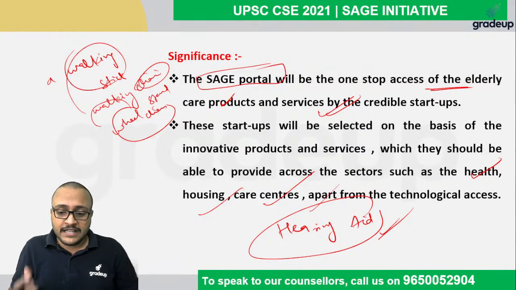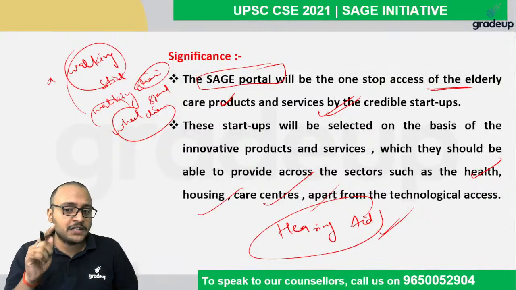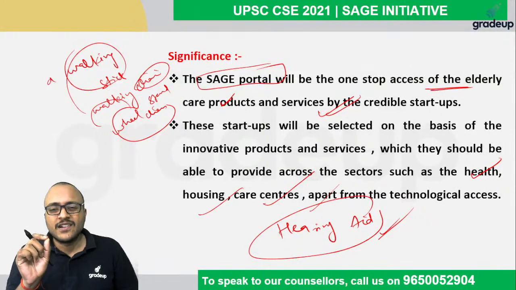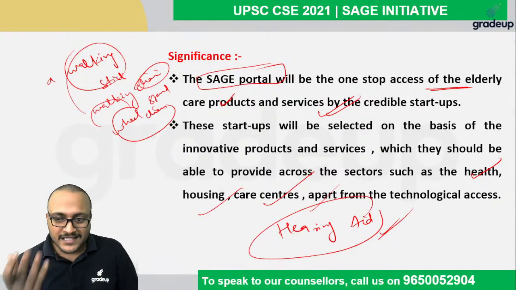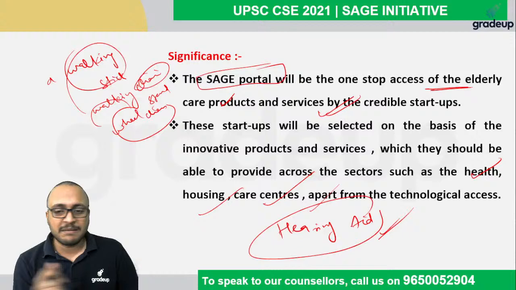But still, let me tell you that the availability of this small device is subject to various challenges. Either the price challenge is there, or the quality challenge, or the availability challenge. So the SAGE portal is basically planning to make such things simple to obtain.